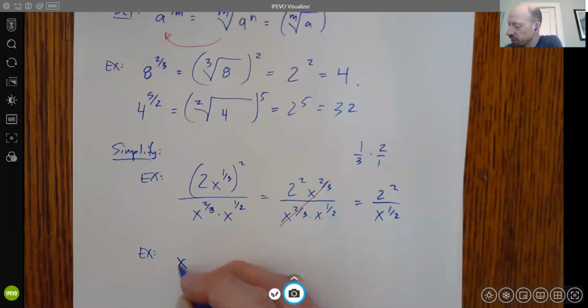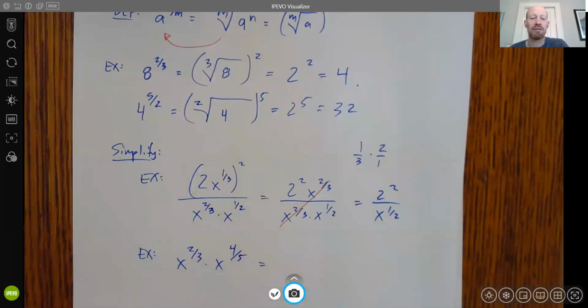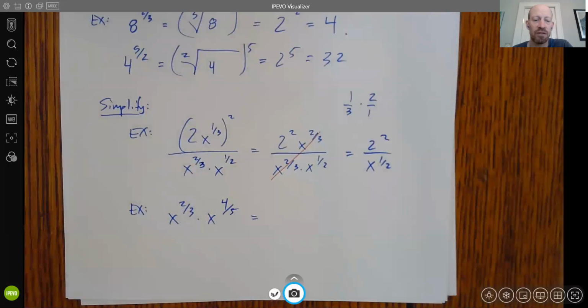Let me just show you an example of if you have an expression like that, x to the 2/3 times x to the 4/5. There, when you're multiplying those like bases together, you add their exponents together.